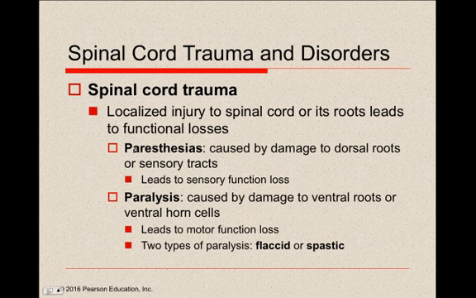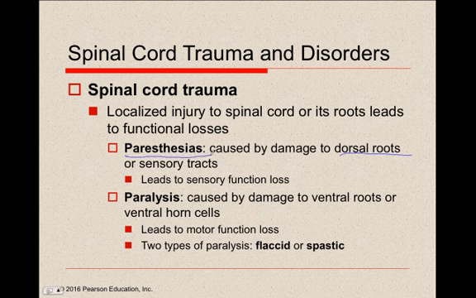If we have damage to the sensory tracts or the dorsal roots, and the dorsal roots, where the dorsal root ganglia are, are what carry the sensory neurons. If we have damage in those areas, this is going to lead to what we call a sensory function loss. So you still have motor control, but you don't have all of the sensory information coming in. We call this paresthesia.